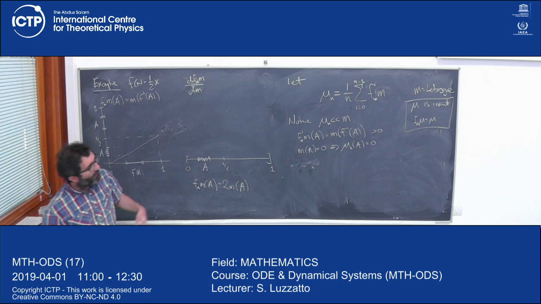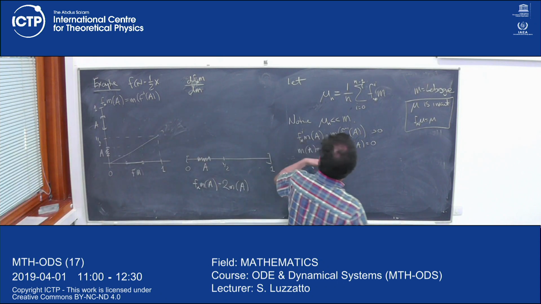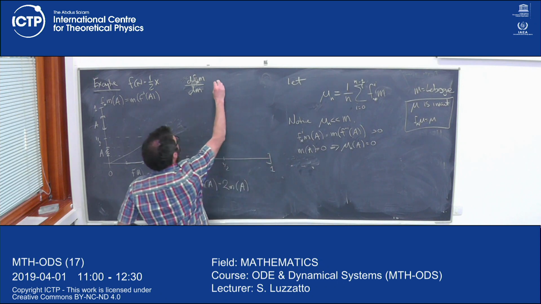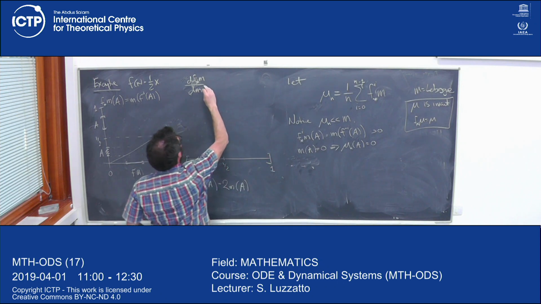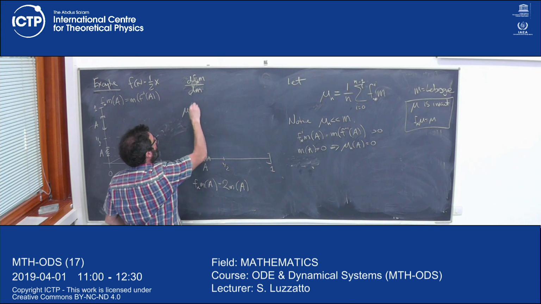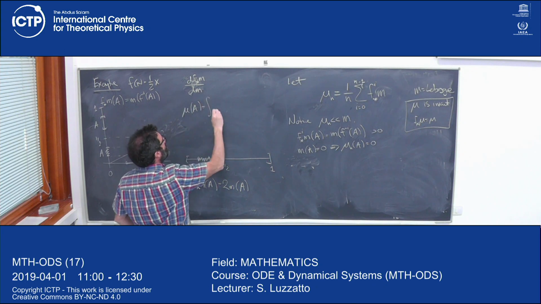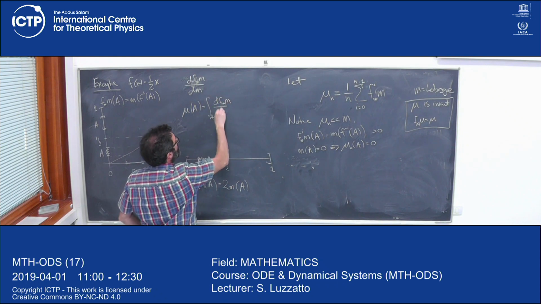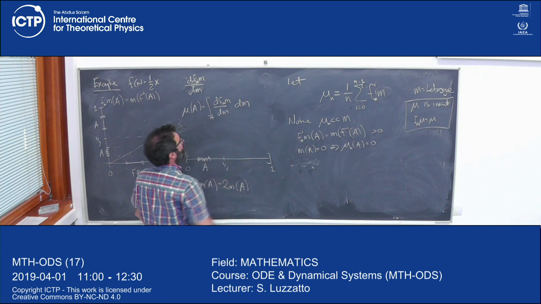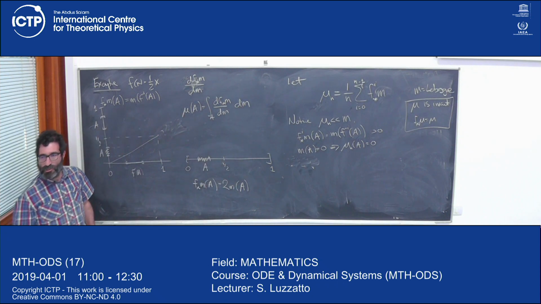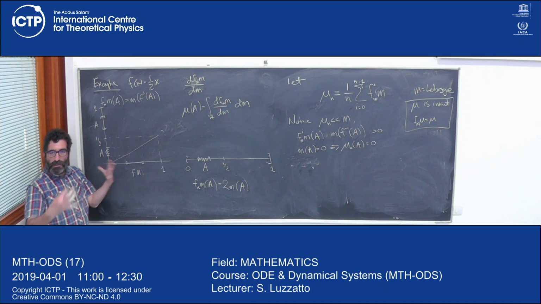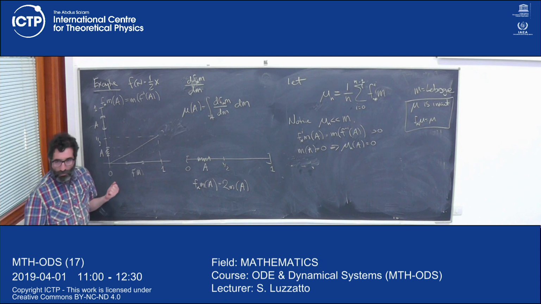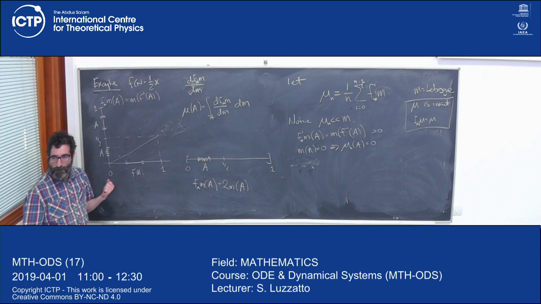So remember, the density is the Radon-Nikodym derivative, so it's defined by the fact that mu of A is equal to the integral over A of df star n dm dn. So it's the function that tells you how this measure is distributed in your space. So what does it look like?